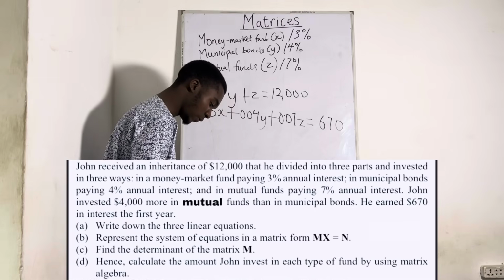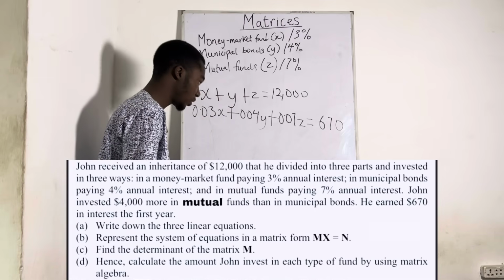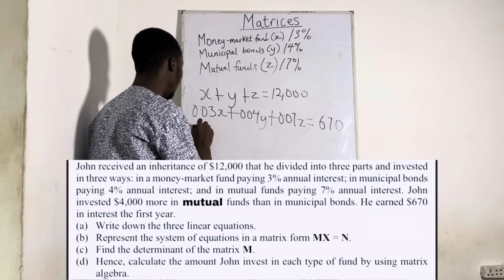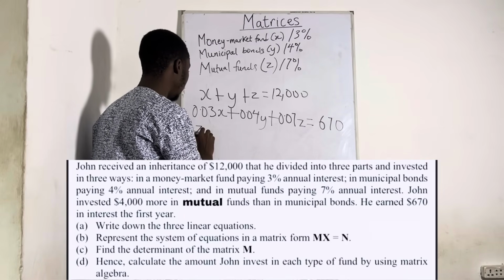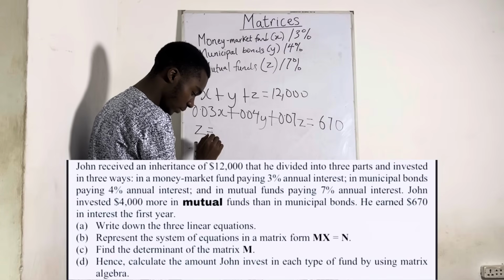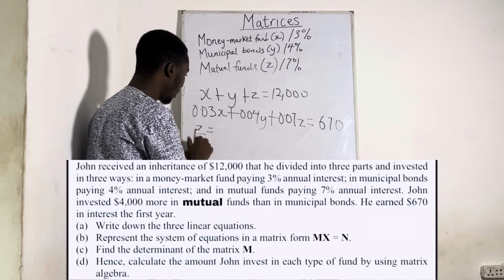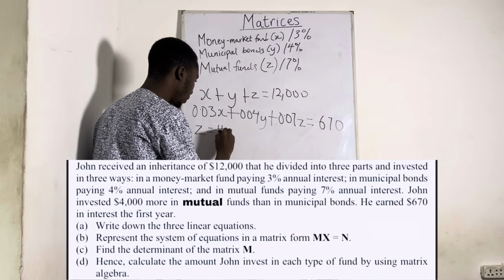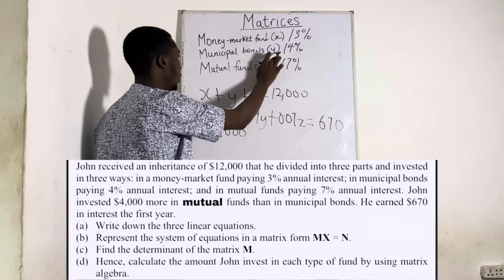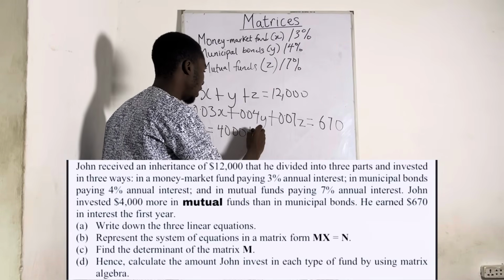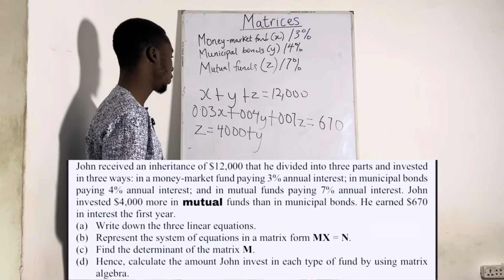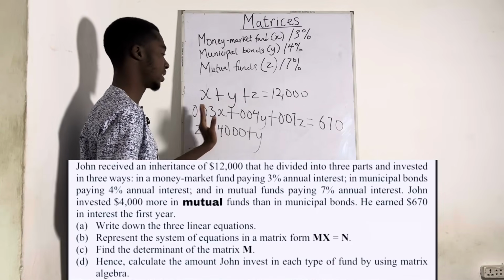So if John invested 4,000 more in mutual funds, our mutual funds is Z. So it's telling us that Z, which is the mutual funds, is equal to 4,000 more than the municipal bonds. Our municipal bonds is Y, so 4,000 plus Y. So please don't make the mistake of bringing the Y to this side and the Z to this side.